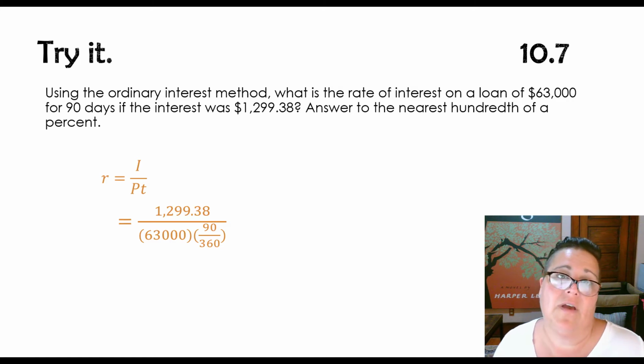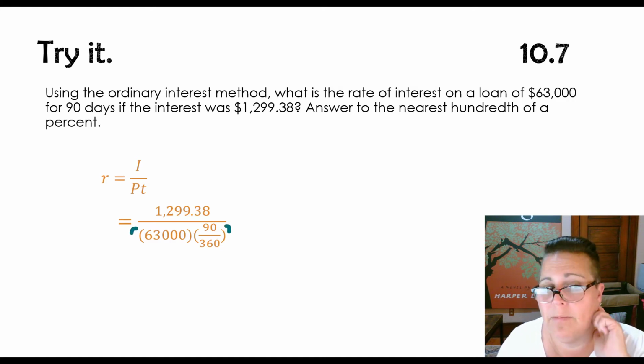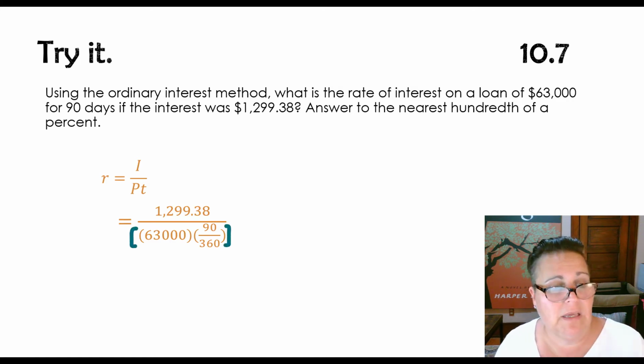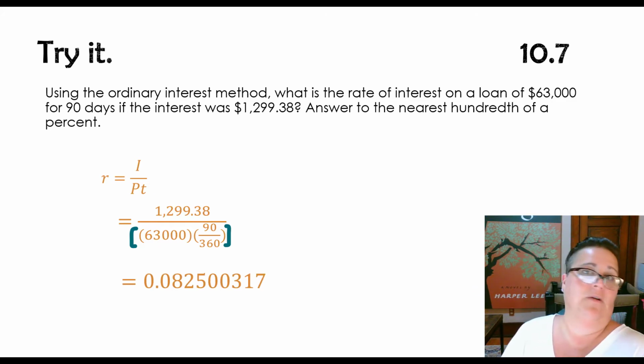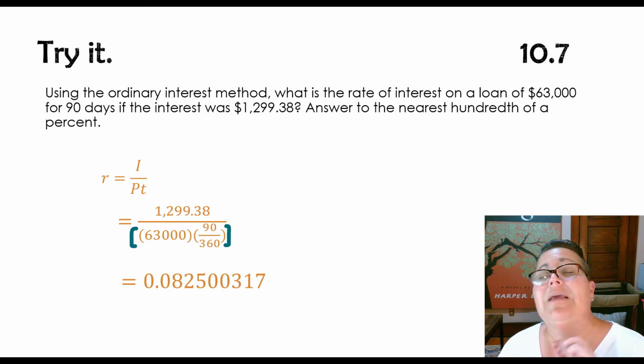I've got to be careful about my parentheses. I either want to include them when I multiply through on my calculator, or I want to figure out what that denominator is first. I will get 0.082500317. Notice I'm keeping as many decimal places as I can.